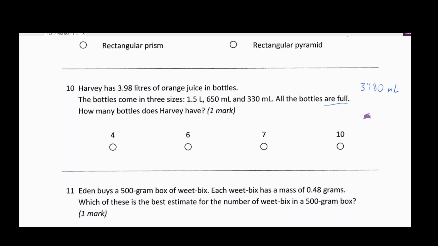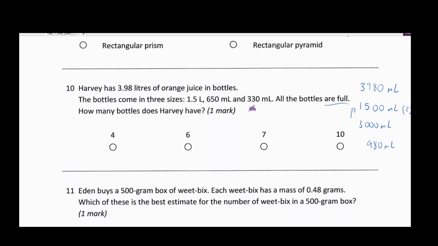So we've got 1.5 litres is 1,500 millilitres. If he has 2 of those, he has 3,000 millilitres in two of these bottles. Okay. So he has 2 of those ones. Then we've got 980 millilitres left.